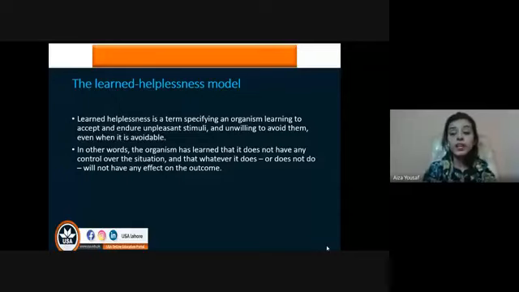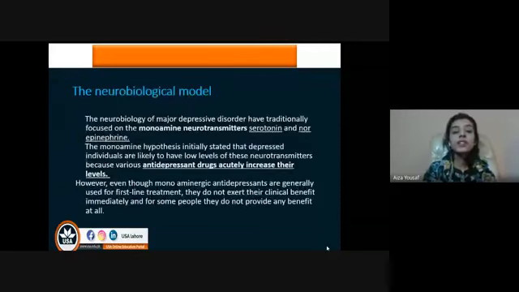He thinks that he does not have any control over the situation, and that whatever he does or does not do will not have any effect on the outcome, meaning the patient is totally hopeless in this model. Number three is the neurobiological model.